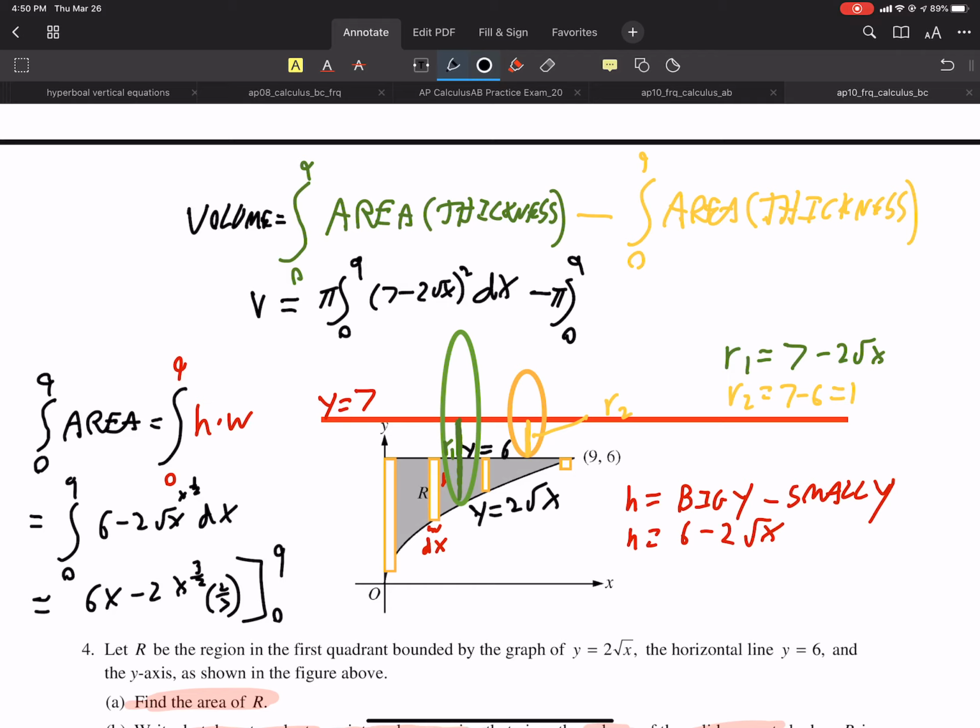R is going to be just 1 squared dx. Now that second integral, you don't even need it. It's just a cylinder. So it's pi r squared from 0 to 9. So you can leave it or take it or leave it. But that's the answer. We are finito with that.